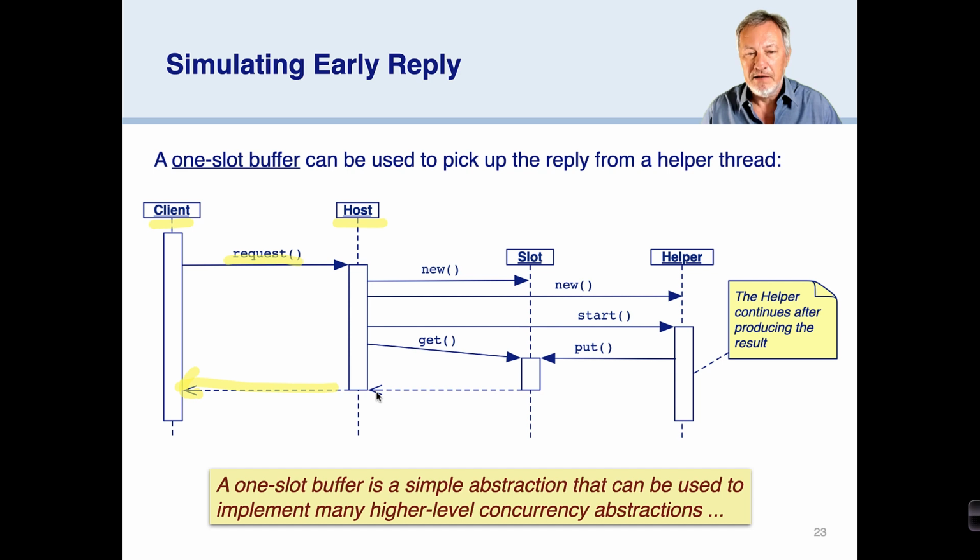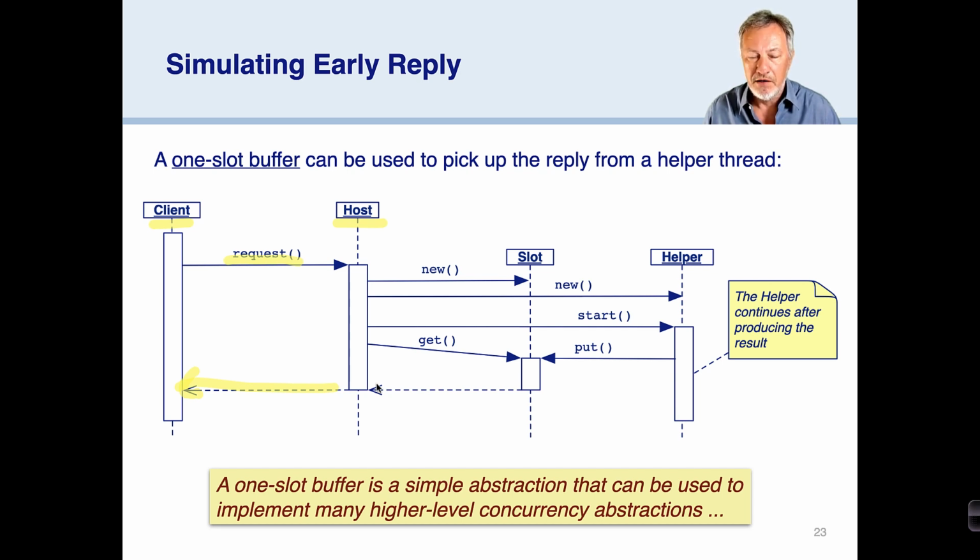The key idea is that at the point that the early reply takes place, the client and the host can continue executing in parallel. So that's where the asynchrony is coming in. The host maintains its synchronization, so no additional clients can come in until the cleanup action is performed.